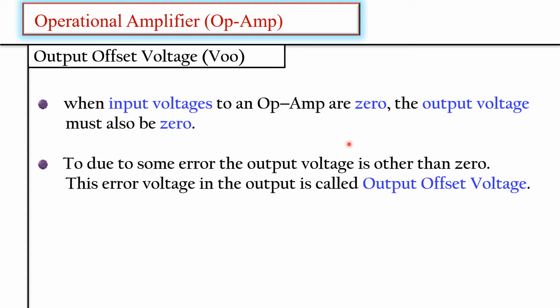Due to some error, the output voltage is other than 0. This error voltage in the output we call the output offset voltage, right? Even though the input terminals are grounded, we get an output voltage. Actually, the output voltage should be equal to 0. So this is the error voltage, and this error voltage is called the output offset voltage.